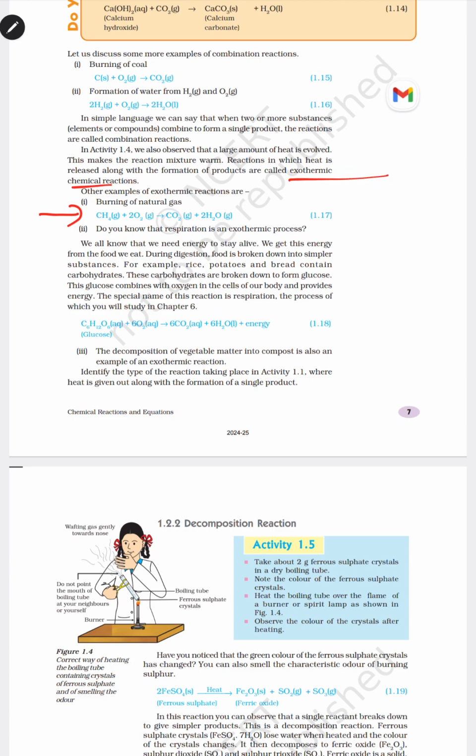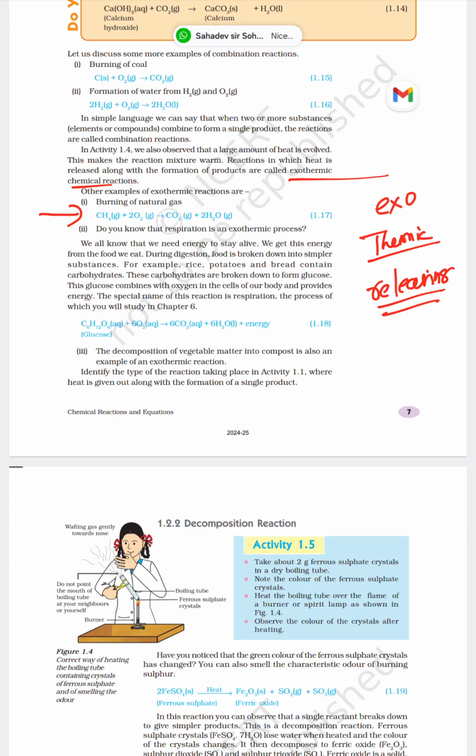What are exothermic reactions? Thermic means it is related to temperature, and exo means it is releasing heat. Whenever in a particular reaction heat is generated, those types of reactions are known as exothermic reactions. And if heat is not generated but absorbed in a particular reaction, then it is known as an endothermic reaction.